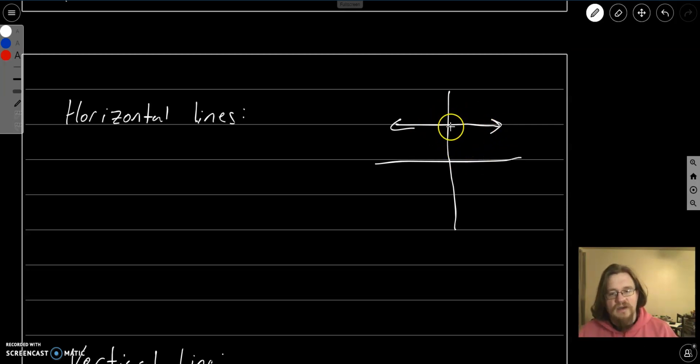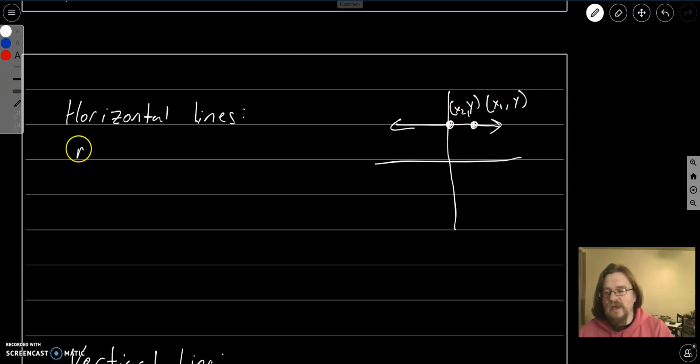Well, it's pretty easy to calculate the slope. If we choose any two points along a horizontal line, we can see that the x value may change, but the y value doesn't. The height is always going to be the same.